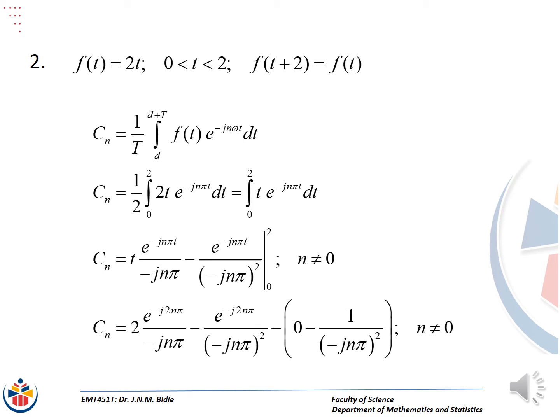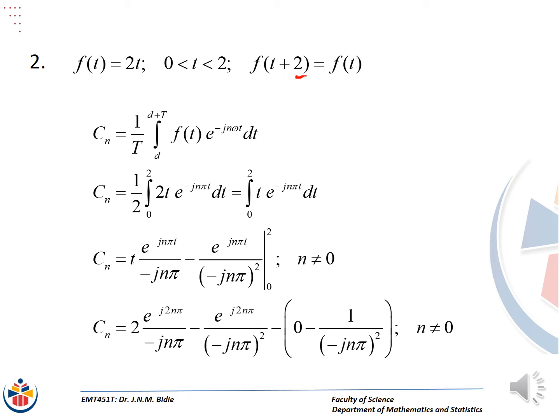We have been given f of t equal to 2t, and the interval is from 0 to 2. And again, our period is 2. So that means, again, omega is going to be pi.